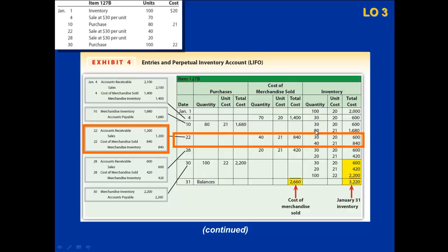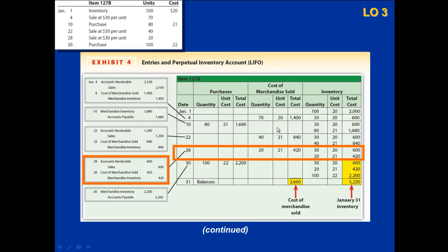So last in, first out would dictate that the last ones in are the first ones out. So the last ones in were these $21 per unit ones. So we say, hey, 40 of those $21 unit ones need to make their way to cost of goods sold, and that leaves us with 40, the other half still remaining on the balance sheet as part of inventory.